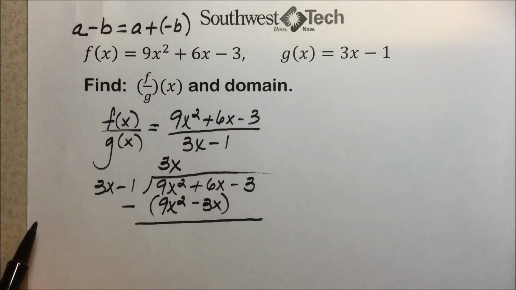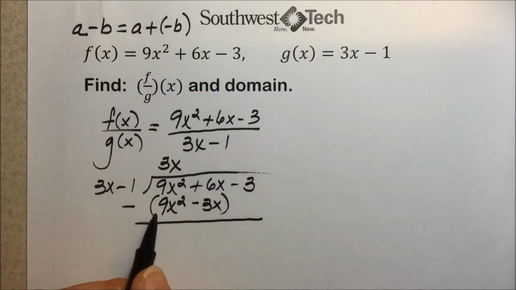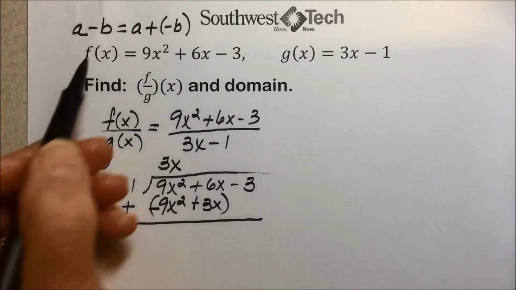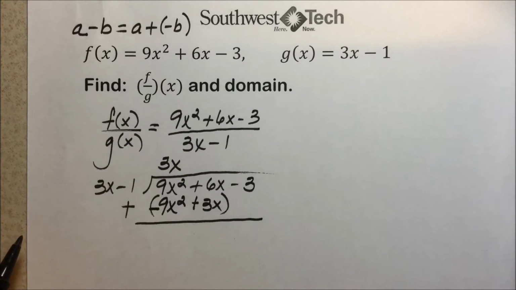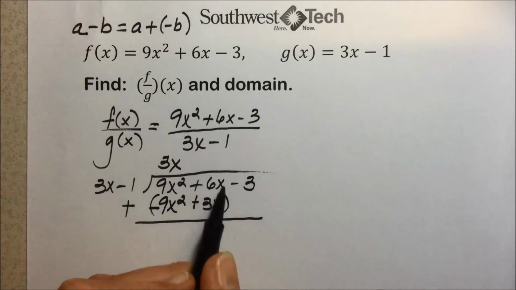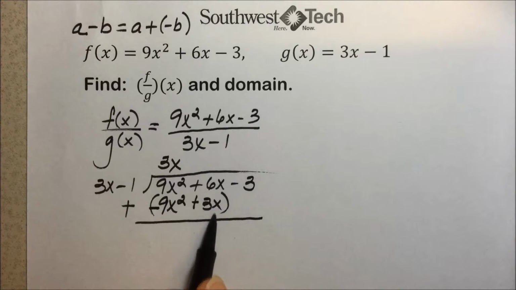To avoid that from happening, best bet is to use this rule of subtraction, which says if you're subtracting a quantity, change the signs to the opposite. So our 9x squared becomes a minus, our minus becomes a plus, and now we're ready to add. The rule of subtraction is applied here. 9x squared plus a -9x squared is gone. Your leading term should be gone. And then we have a 6x plus 3x gives us 9x.